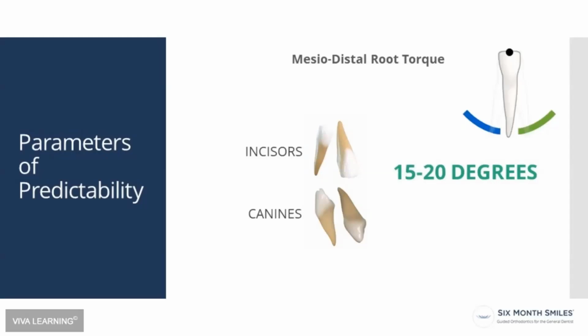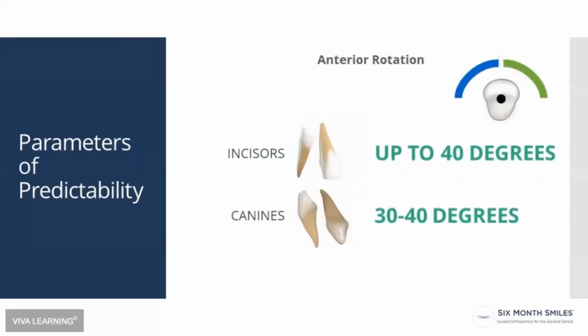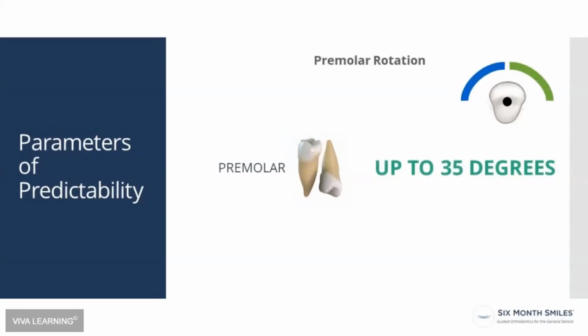That means moving the root mesially or distally through the bone when needed, which will be helped with a root control attachment. Then we have the anterior rotation, 30 to 40 degrees of incisors and canines. For canines we also need an attachment, as well as for the premolar rotation, which is up to 35 to 40 degrees as well, with 20 aligners.